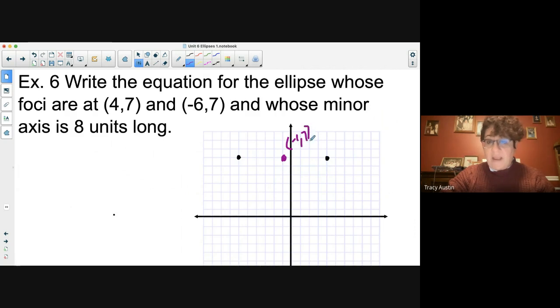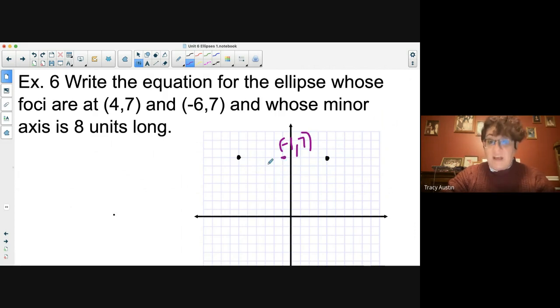So I already have my h and k. If my foci are going to the left and the right, that means my whole ellipse is horizontal, because the foci are the ones that stretch the graph out in that direction.